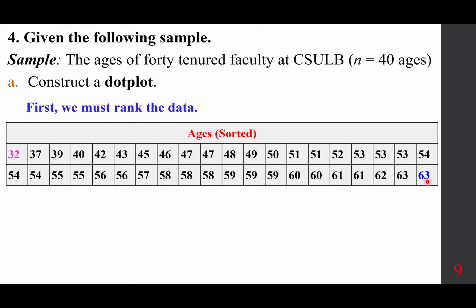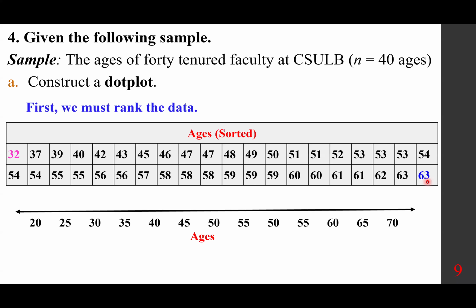Now we're going to go with some sort of a number line, and we are going to put ages, and again, this is sorted as mentioned. You start from a number smaller than that, and you go to a number larger than that. So this is a scale from 20 to 70: 20, 25, 30, 35, and so on.